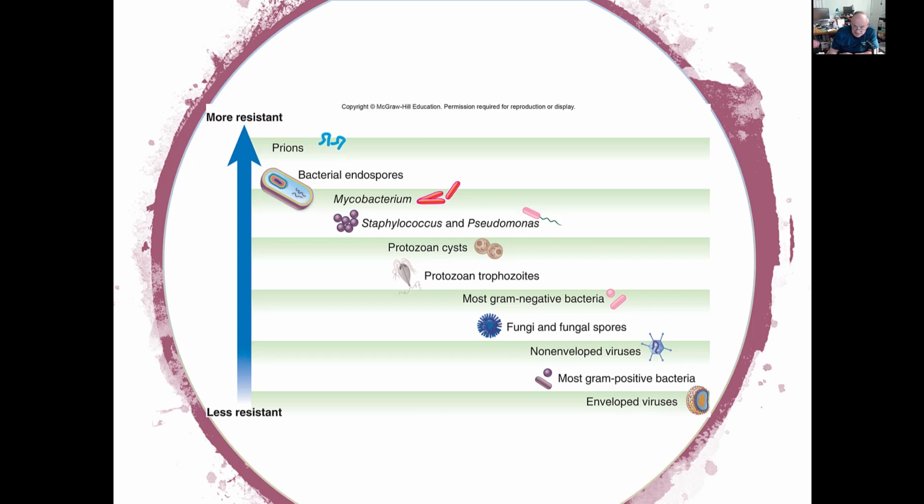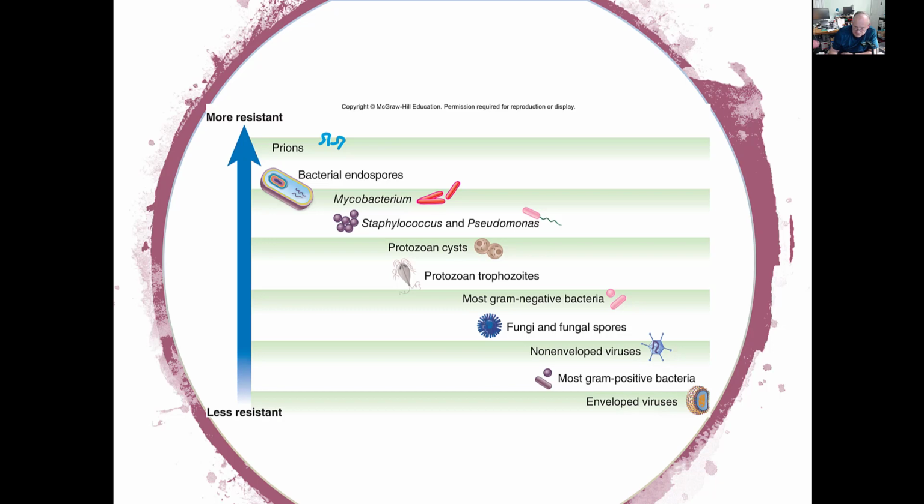So there are prions, the most resistant, and then you have enveloped viruses, because of course when they're enveloped they can desiccate and then they become useless. And so non-enveloped viruses that have particular adherence things are more resistant, and apparently the new virus that we're dealing with may have characteristics that can survive desiccation for a period of time, which is troubling.